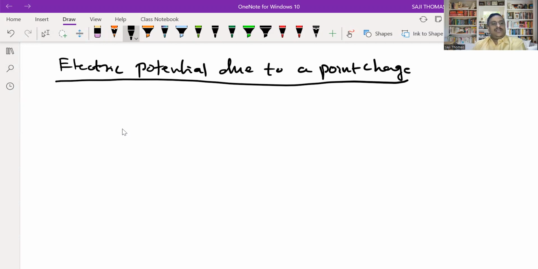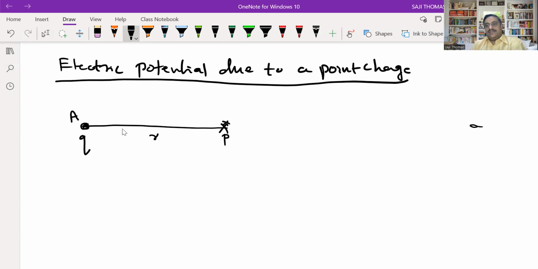So this is a point charge Q. Imagine a point P at a distance R from the charge Q. This charge is known as source charge. I name this point A. Now, I am moving a test charge Q0 from infinity.